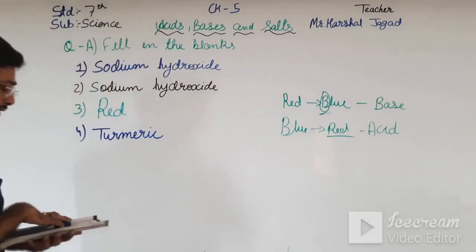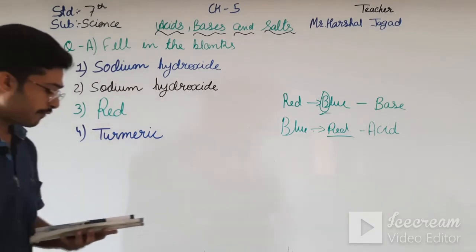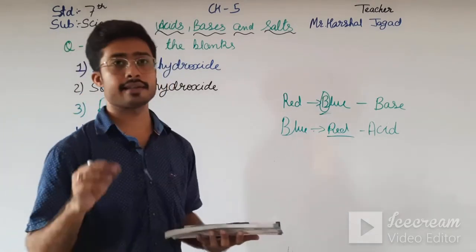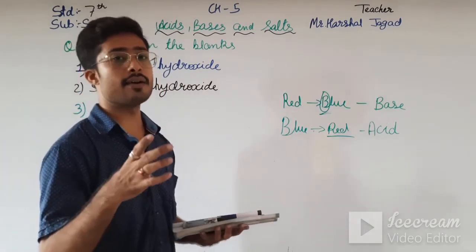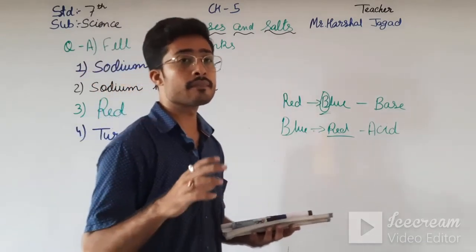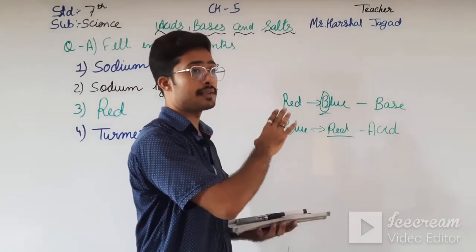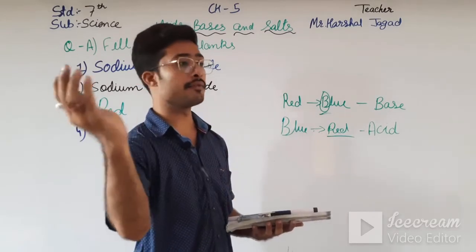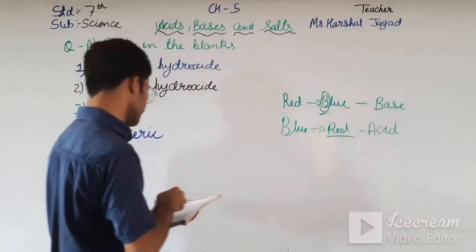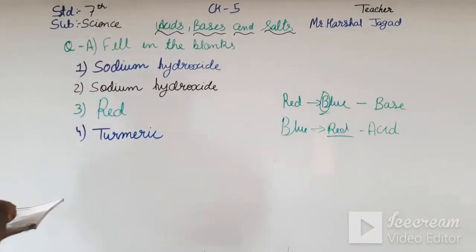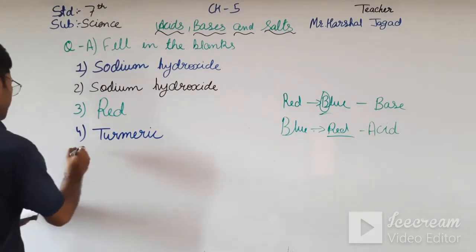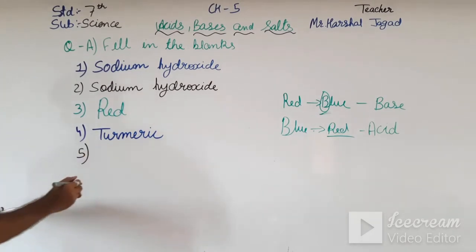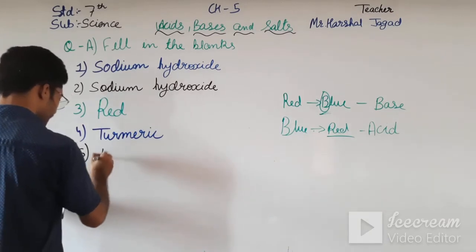Now moving on: pH 14 indicates the strongest dash. In the chart which I gave in homework to draw, 1 is the strongest acid, 7 is neutral, and 14 is the strongest base. Okay students, so our answer is strongest base.